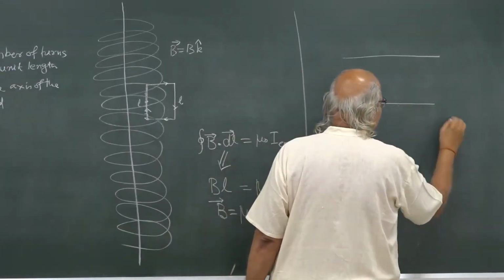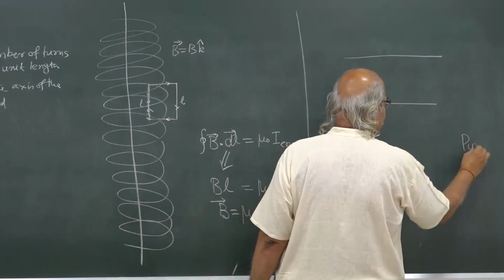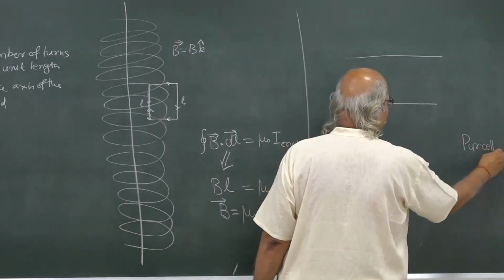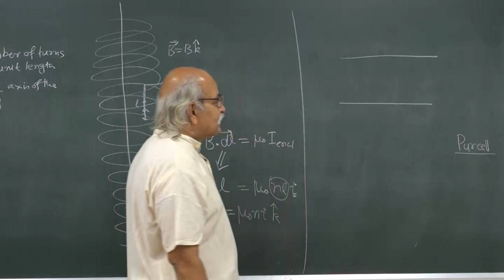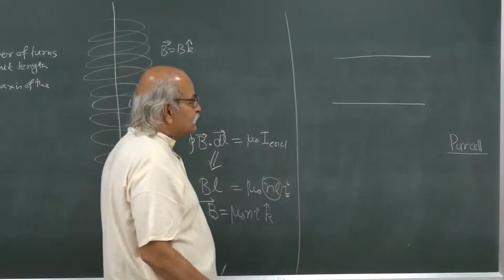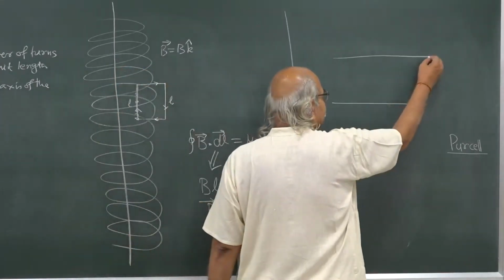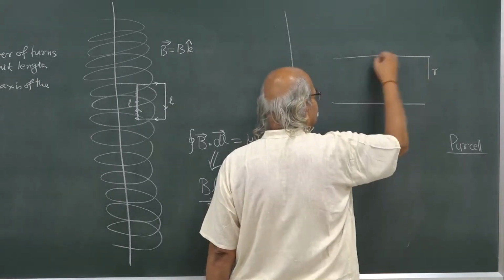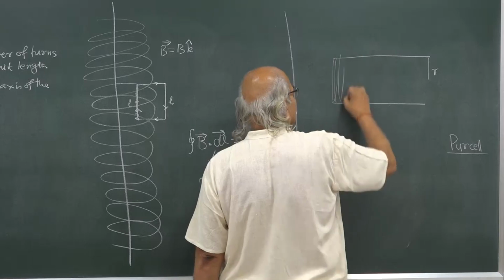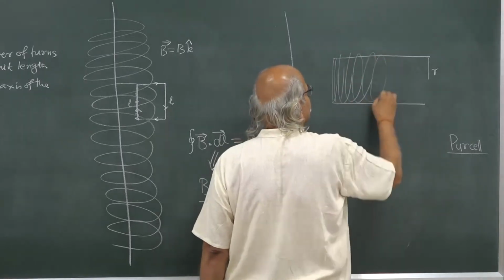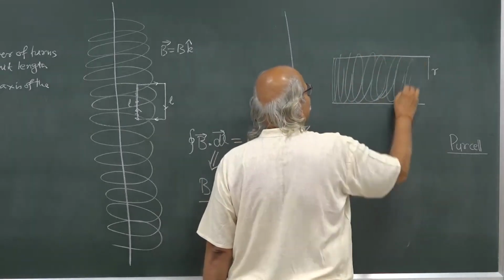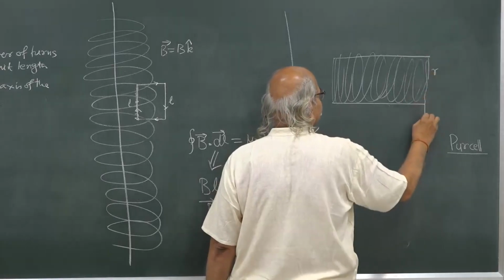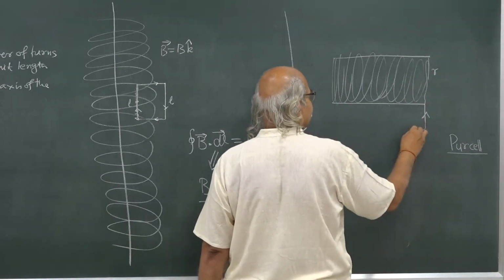This I am quoting from a book by Purcell, a wonderful book, Berkeley series of physics. And this is a radius R, a solenoid, tightly wound and everything, and here you have a battery.